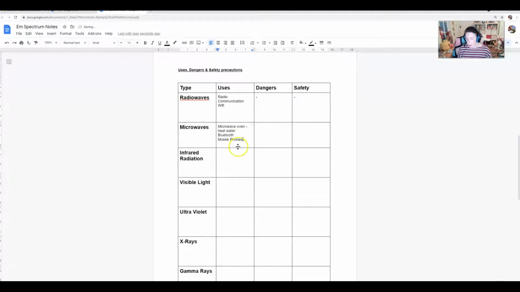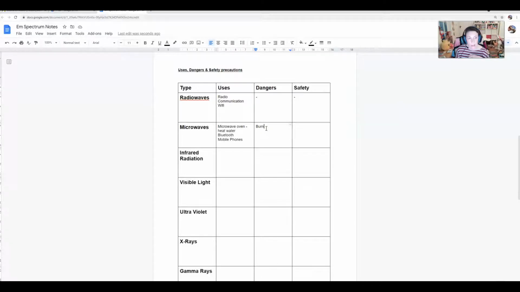Mobile phones, okay? So we use microwaves for that. Dangers of microwaves: they can burn, because they heat up water, so obviously a microwave oven is a very powerful microwave. Bluetooth and mobile phones, there's not been enough evidence, they've not been around for enough years to see if there's any long-term effects.